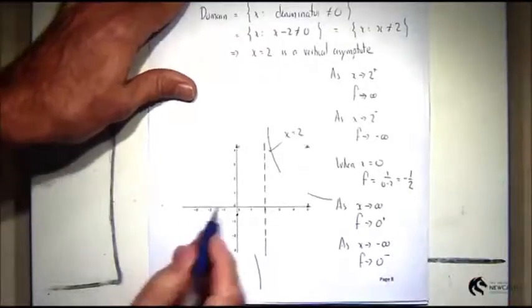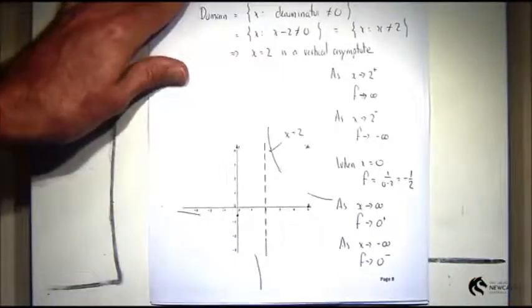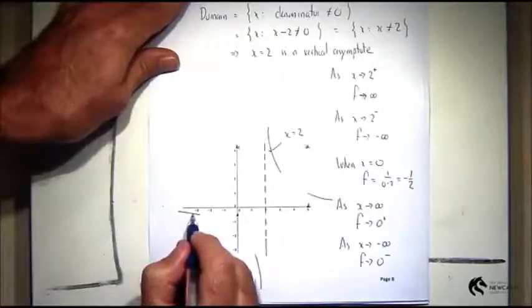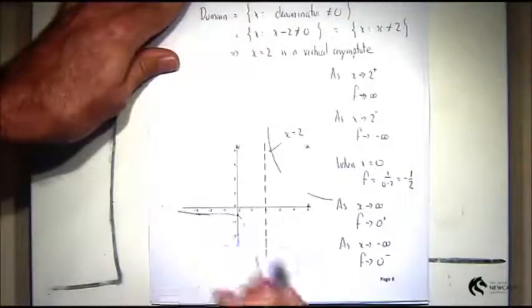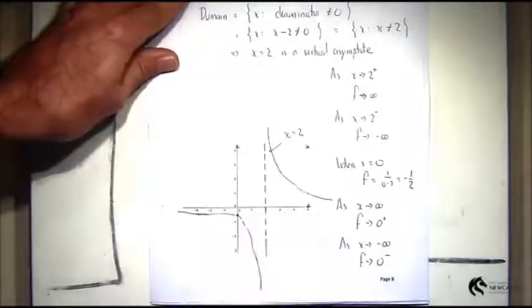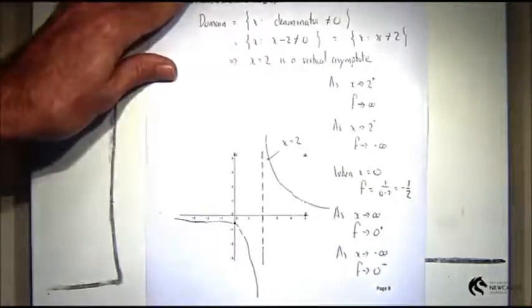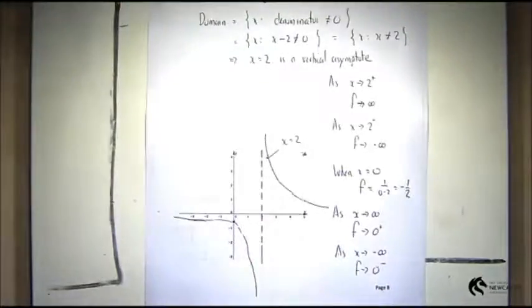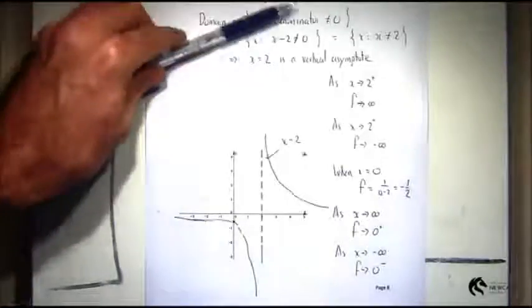So it actually comes across like that. And so now I'm going to take a leap of faith, and I'm going to join those up. How do I know those join up? I don't. Eventually, when you do some calculus, we can show that joining those up is the right thing to do. But for the minute, I'm just going to say, that's what I think happens. So there is my graph of 1 over x minus 2.